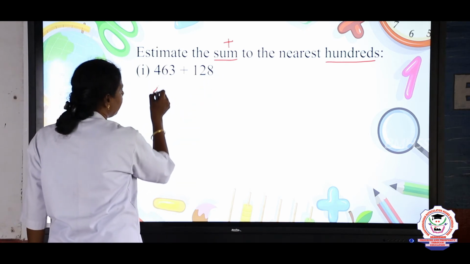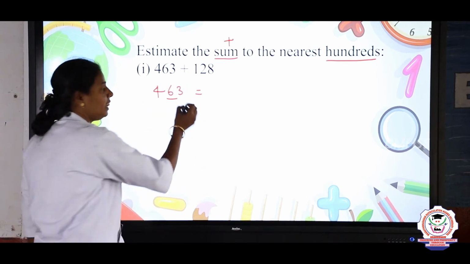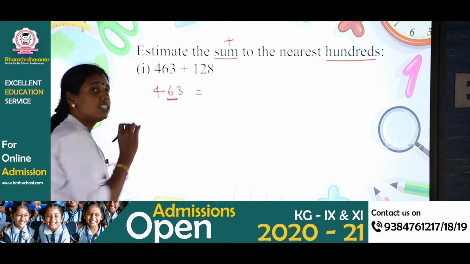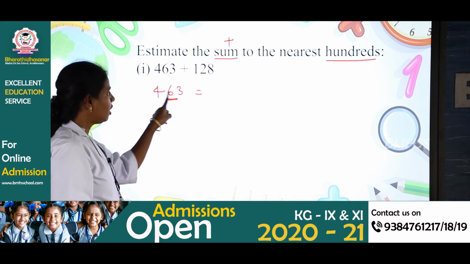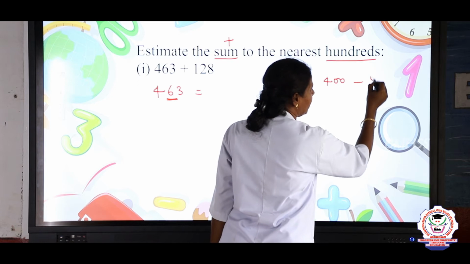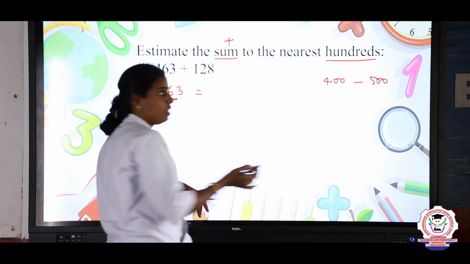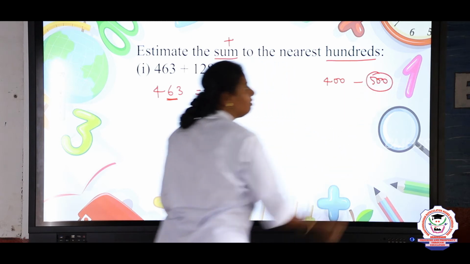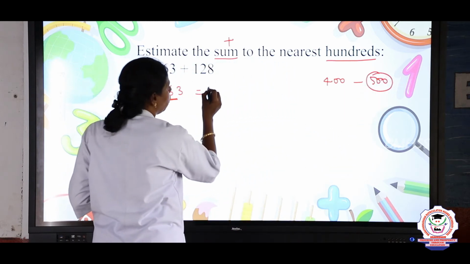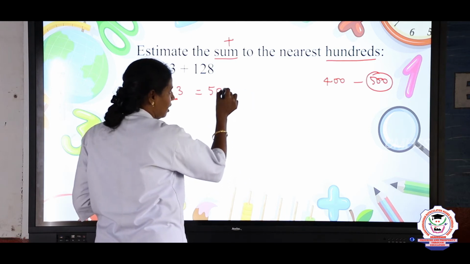First we will estimate the value of 463. In 463, in the tens place 6 is there, which is greater than 5. So 463 will lie between 400 and 500. So this 6 is greater than 5, so the next number we are going to take, which is 500. The rounded value of 463 to the nearest 100 is 500.